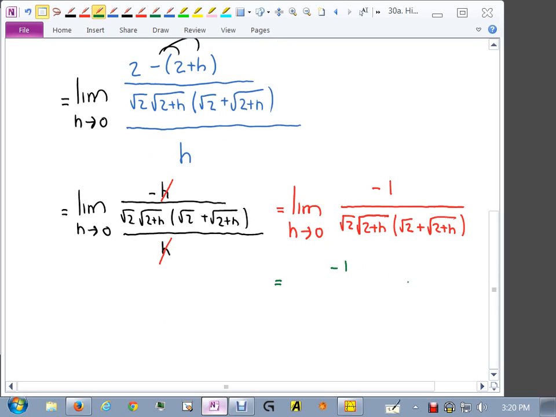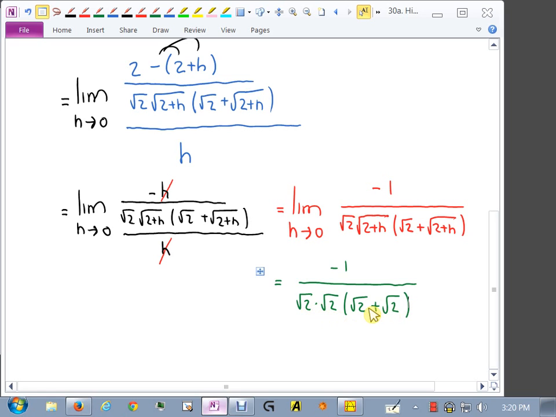Negative 1 over root 2 times root 2 again, in parentheses, root 2 plus root 2. Careful, this is root 2 plus root 2. This one right here, these multiply together to be what? 2.